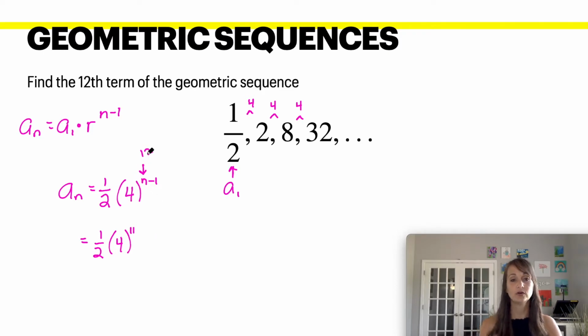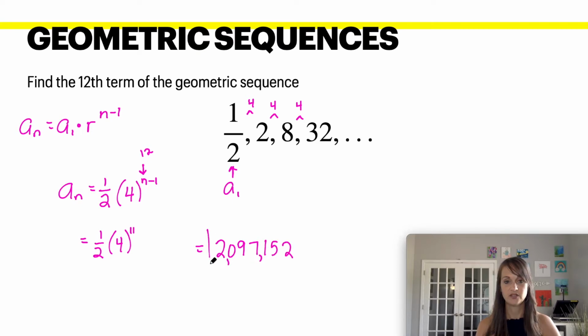You don't do 4 to the 12th minus 1. You got to understand, please excuse my dear Aunt Sally, you need to do the exponent first. So you need to subtract 12 minus 1 first before you raise it. So 4 to the 11th power, and then you're taking half of that. And your answer is 2,097,152.